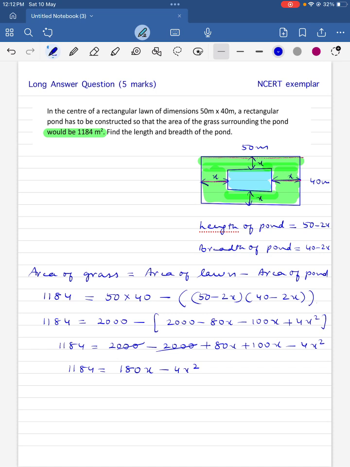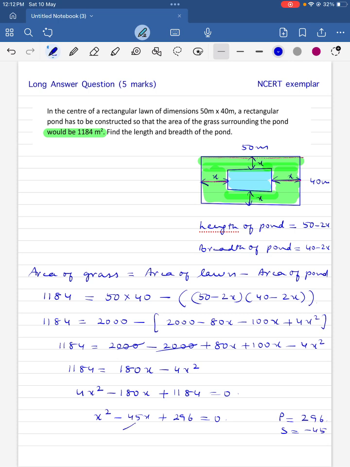Now let me bring all the terms to one side. So I would have 4x squared minus 180x plus 1184 is equal to 0. Now all of these numbers are divisible by 4, so let me divide throughout with 4. So I would get the equation as x squared minus 45x plus 296 is equal to 0. If I split the middle term, I need two numbers whose product is 296 and sum is minus 45.